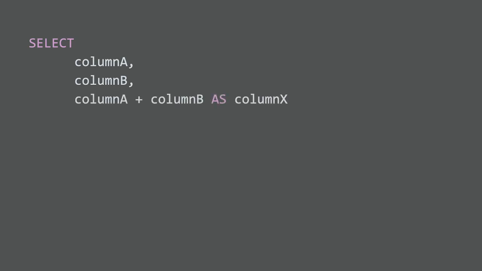So if you want to add values from two columns of a table, you start with the SELECT command, followed by the name of your first column, then the name of your second column. Then you'd add the names of both columns with a plus sign between them. After that, you type AS, followed by the name you'd like to give the column with the added totals. Finally, you complete your query by typing FROM and then the name of the table that you're pulling the data from.